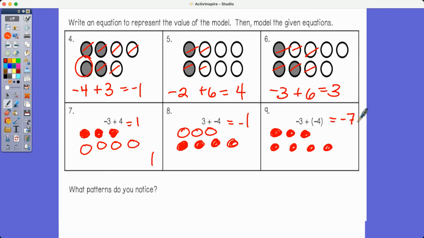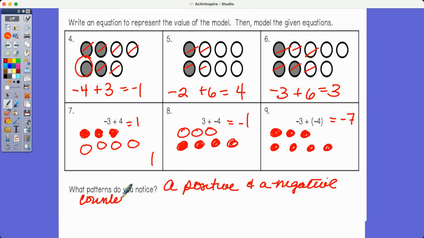Okay, so what patterns did you notice? Now you're writing here complete sentences, guys. Super important. Let's make sure we're using proper English, even if we are in math class. So I noticed that a positive and a negative counter cancel each other out. I'm going to write 0 pair.